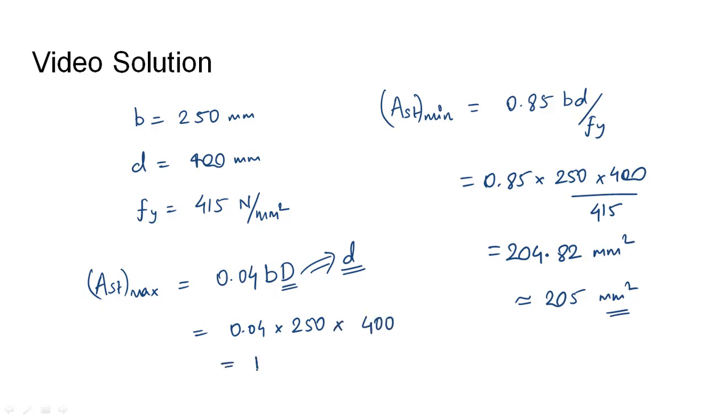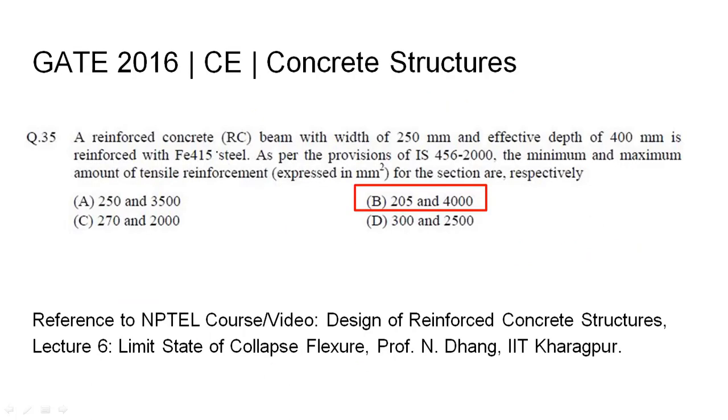This would give the value as 4000 millimeter square, which is the maximum tensile reinforcement. So the minimum and maximum amount of tensile reinforcement for the section are 205 and 4000 millimeter square, which is option B. The relevant NPTEL reference has been mentioned.